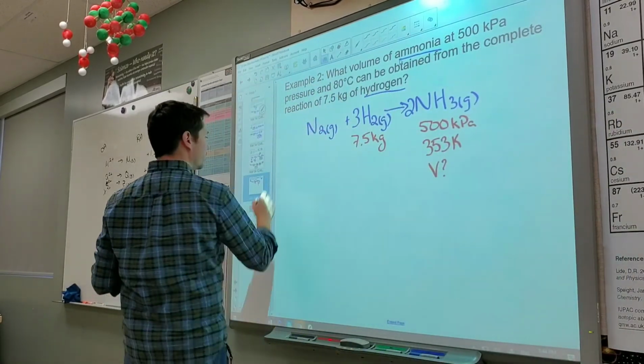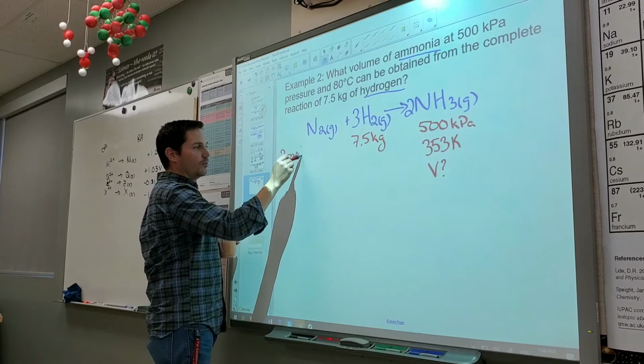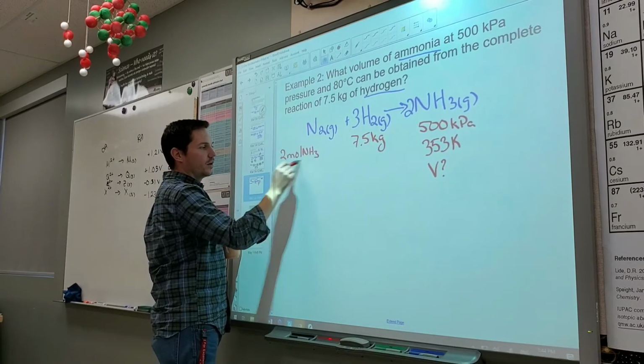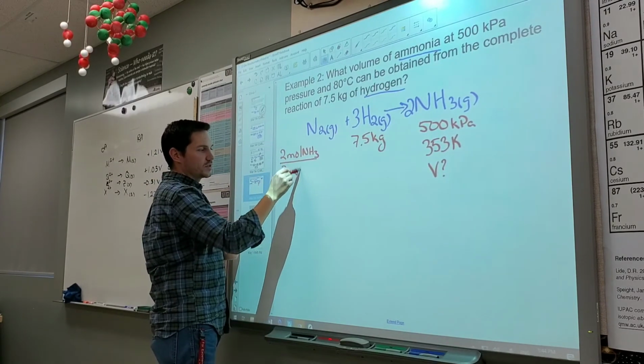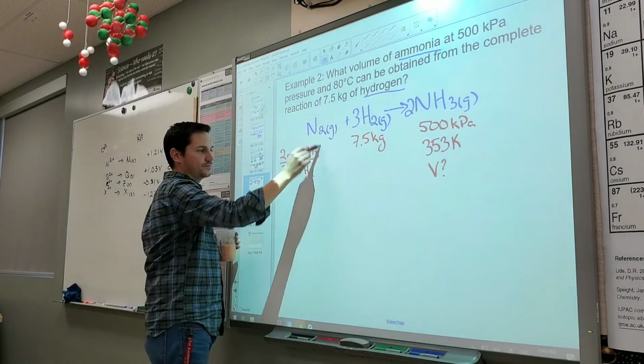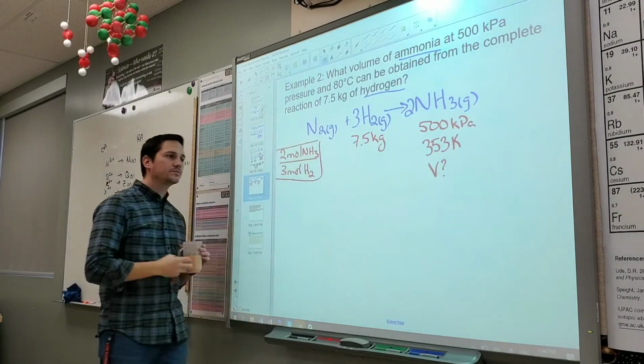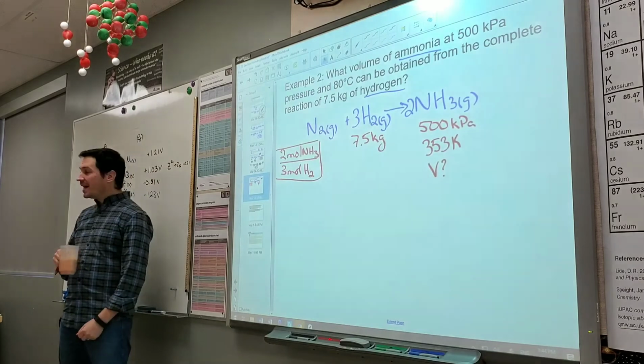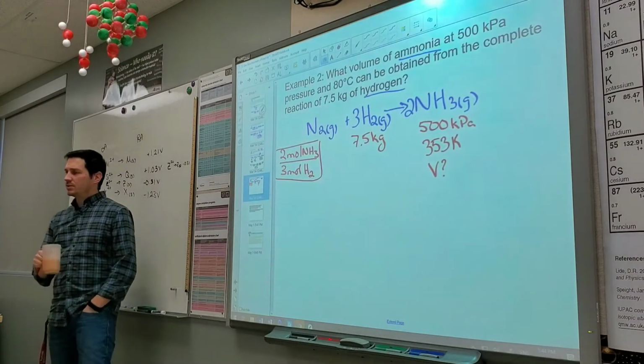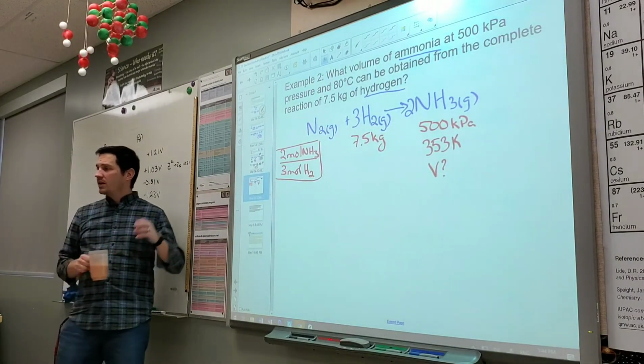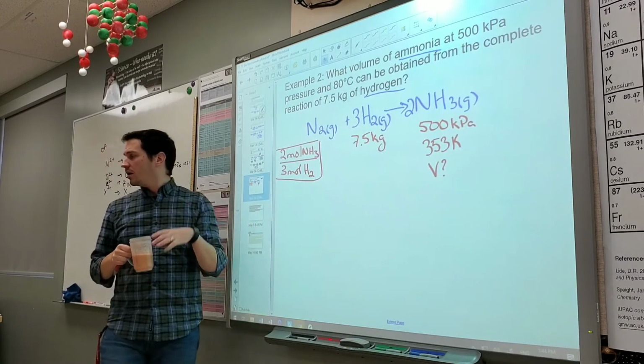So it's going to be 2 moles of ammonia over 3 moles of hydrogen. Do we have all of our information to be able to try and do this? No, we need molar mass, you can say.